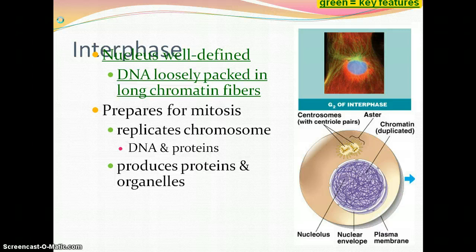And again, the proteins and organelles are created that are going to be needed for the daughter cells. This picture on the lower right also is a nice graphic to show you the centrosomes with the centriole pairs up there in the corner. So you can see how those centrioles are actually together when the cell is in its interphase.